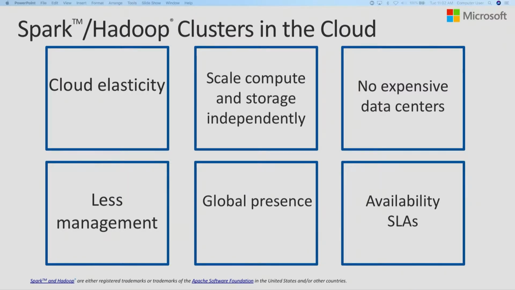I think global presence. Hey, I can spin up a data center here in Asia. I can do it in Australia. I can do it in Japan, all over the place. And that's one of the key benefits of being able to run in the cloud. And then last of all, being able to have availability SLAs, being able to be guaranteed, hey, I'm going to have this available for this many nines.